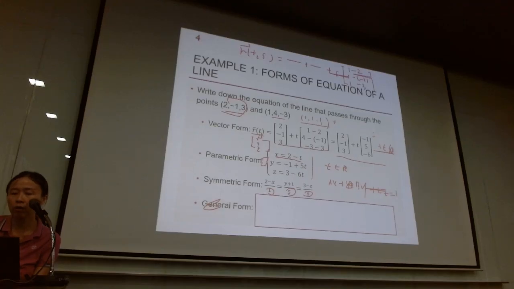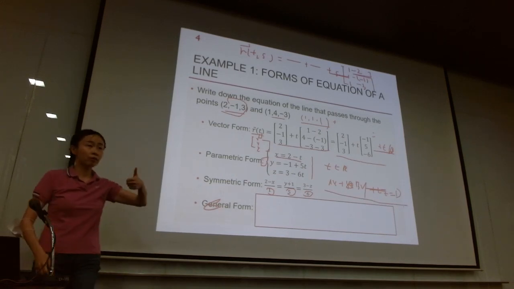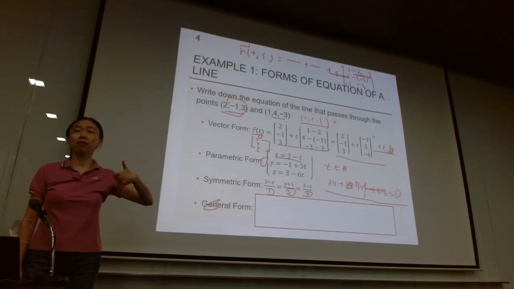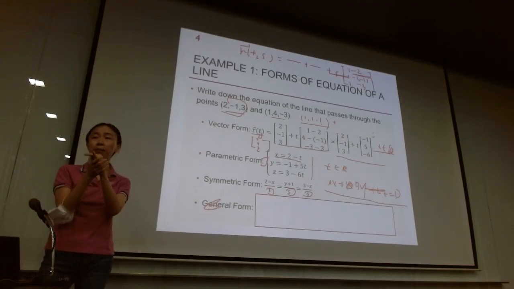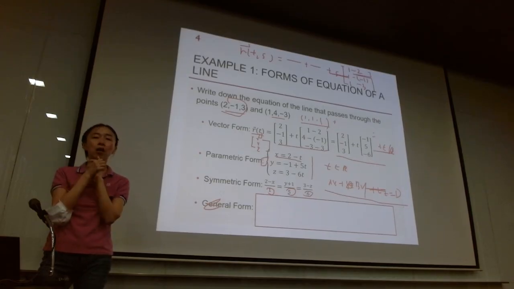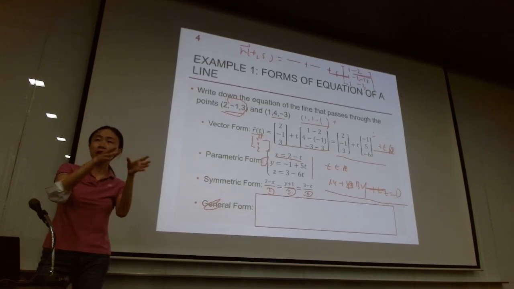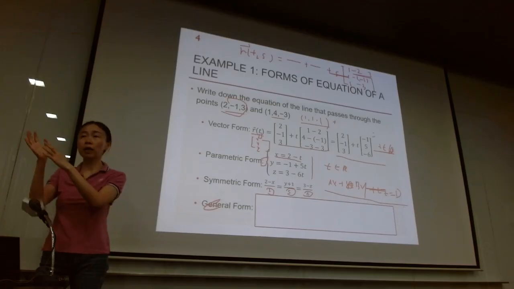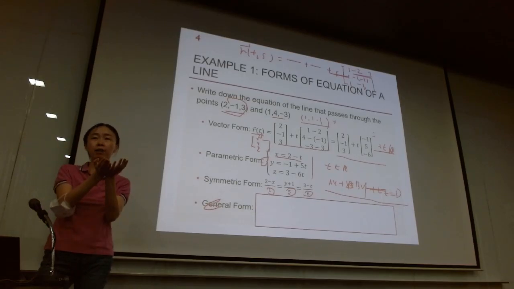Can you tell me what this means? The equation of a plane. Good. Why? You have x, y, z, which is 3 dimensions, so R3. One equation reduces 1 dimension, because you can write z equal to something, or y or x equal to something, but you can only choose one as the dependent variable.